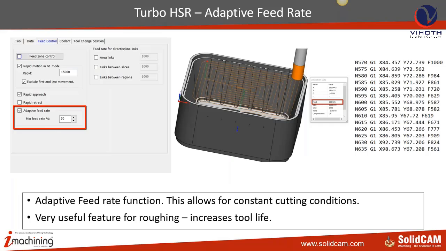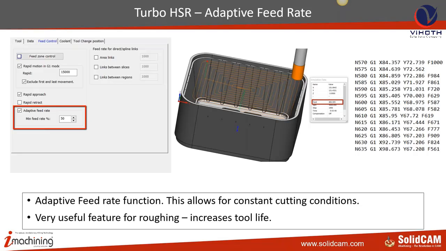Another very important thing is the adaptive feed rate. You can provide the minimum feed rate possible on that particular job with the particular cutter, and SolidCAM will find out the engagement of the tool with reference to the part and adjust the feed rates dynamically on the fly in the toolpath.